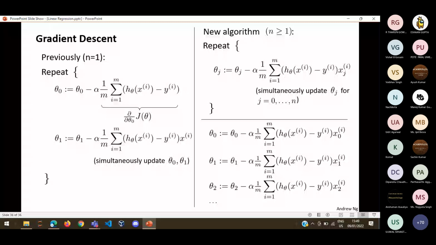In order to reach the minima, you change both theta naught and theta 1, because your cost function was a function of theta naught and theta 1. In multiple regression, your cost function will depend upon theta naught, theta 1, and so on, for the number of features that you have. So you need to update those also in order to reach the minima.